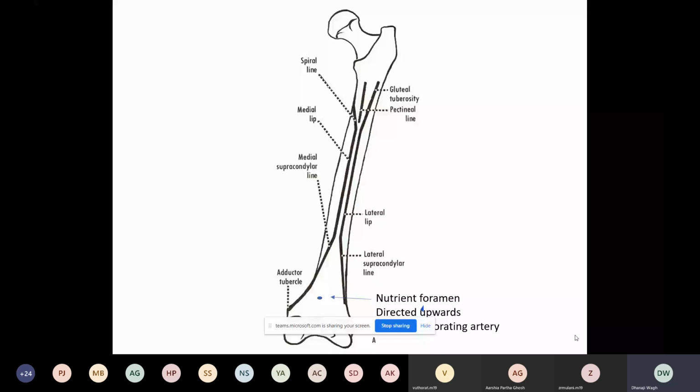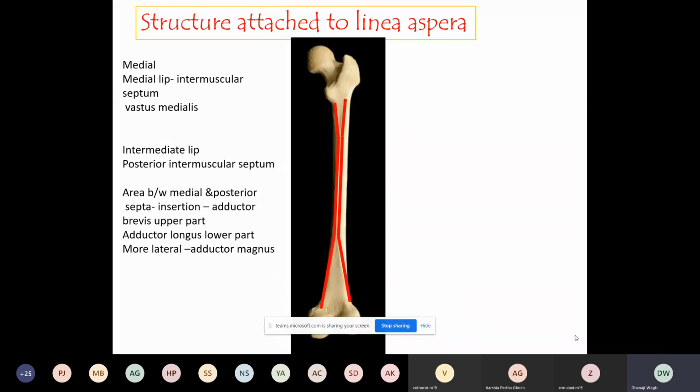One more point you have to be clear about: there is a nutrient foramen which is directed upward. Towards this lower side, you can see this yellow dot, that is the nutrient foramen, which is directed up. Now you can see the structures attached to the linea aspera. On the medial lip, there is the intramuscular septum and vastus medialis.